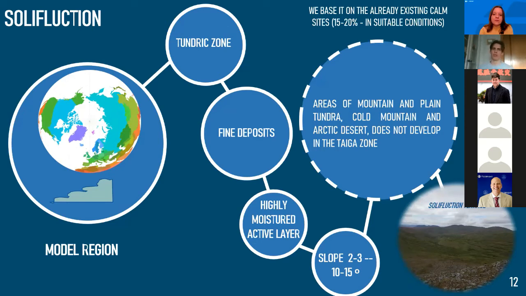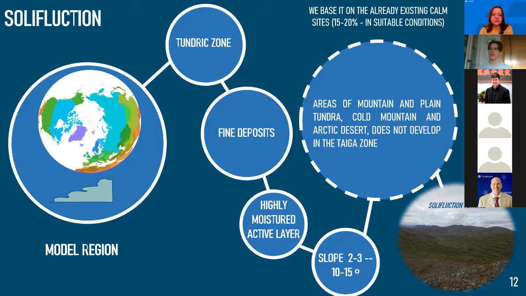And for soil fluxion, I applied a filter that it should be a tundra zone with fine deposits and a highly moisture-retentive layer. What we understood is that these should be areas of mountain and plain tundra with cold mountain and Arctic desert conditions, and it cannot develop in the taiga zone, as we know.